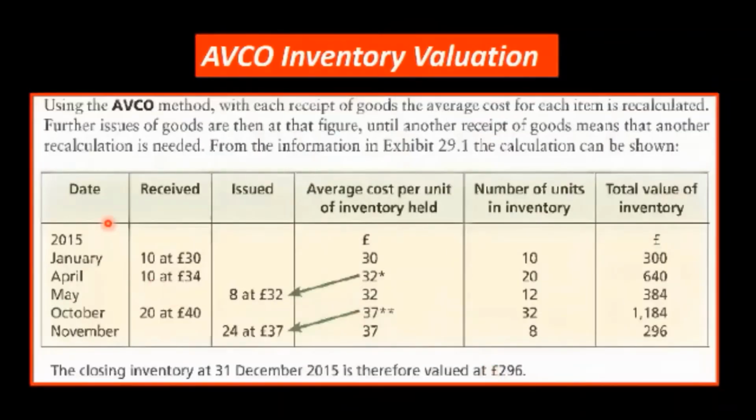So we have a slightly different table. We still have the received and the issued here, but we have a column now for average cost, and a column for number of inventory. When we multiply the average cost by the number in inventory, we get the value, which is the same thing as the value of the inventory divided by the number of inventory giving you the average cost.